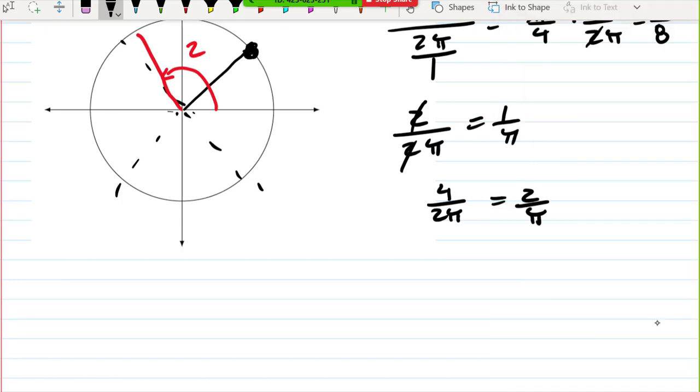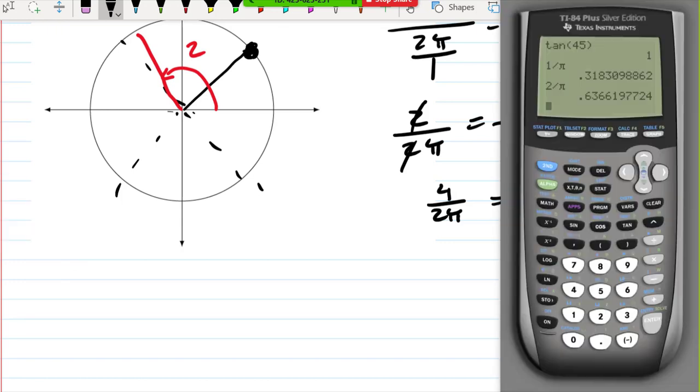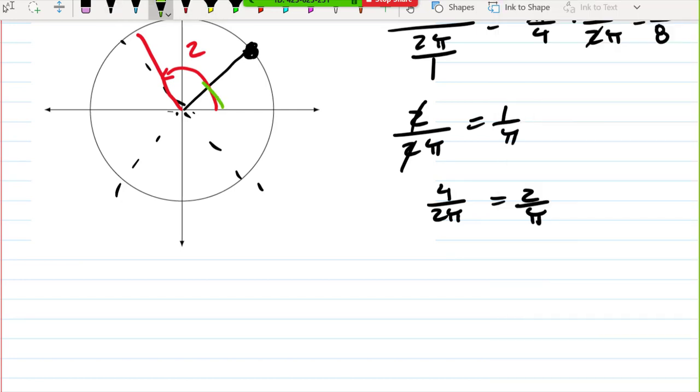So 50% would be here, 75% would be here, so 63% is going to be somewhere in between down here, so about 4 radians. So remember, radians are the distance that we would walk as if we were walking around the edge of this circle.